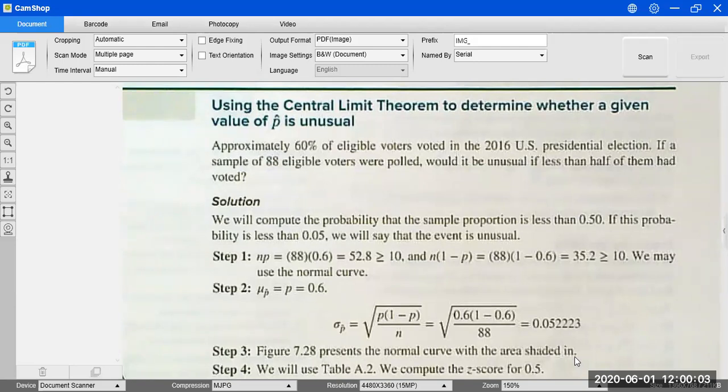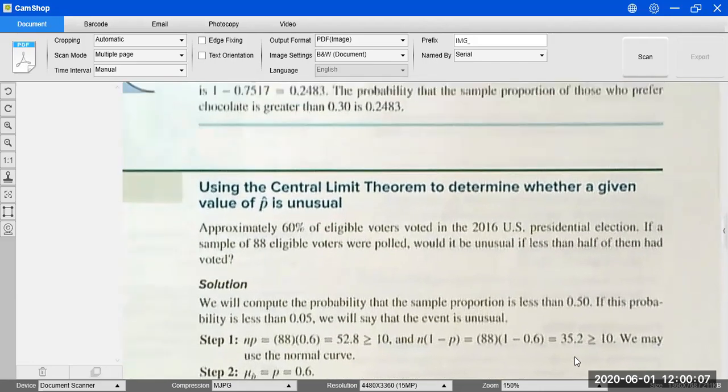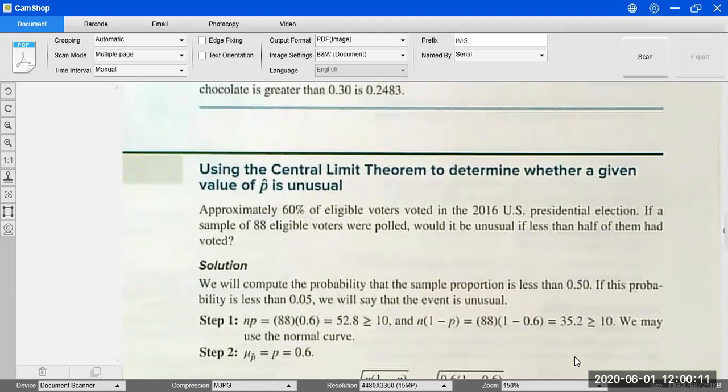So first, the conditions. We can just check that the conditions are satisfied here by checking np, which is just 88, the sample size, times the proportion, which is 0.6 because it's 60%. That product is 52.8, which is greater than 10.